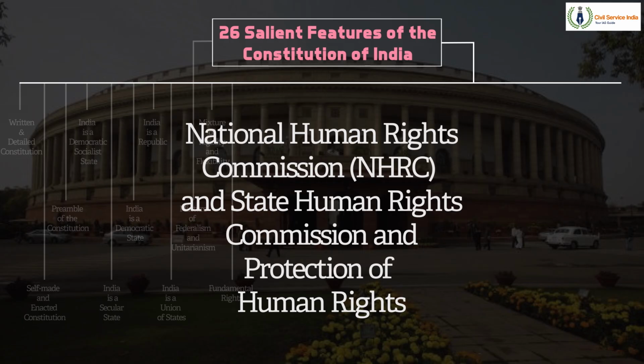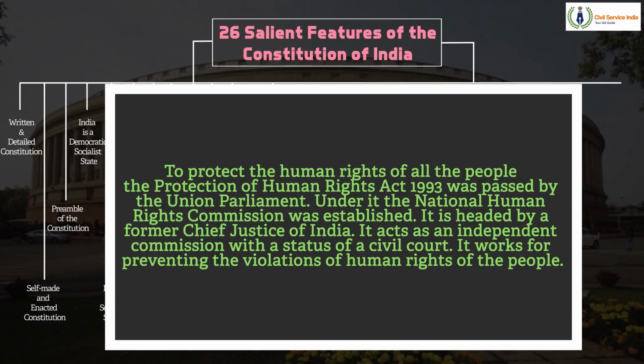National Human Rights Commission (NHRC) and the State Human Rights Commission and Protection of Human Rights. To protect the human rights of all the people, the Protection of Human Rights Act 1993 was passed by the Union Parliament. Under it, the National Human Rights Commission was established. It is headed by a former Chief Justice of India.